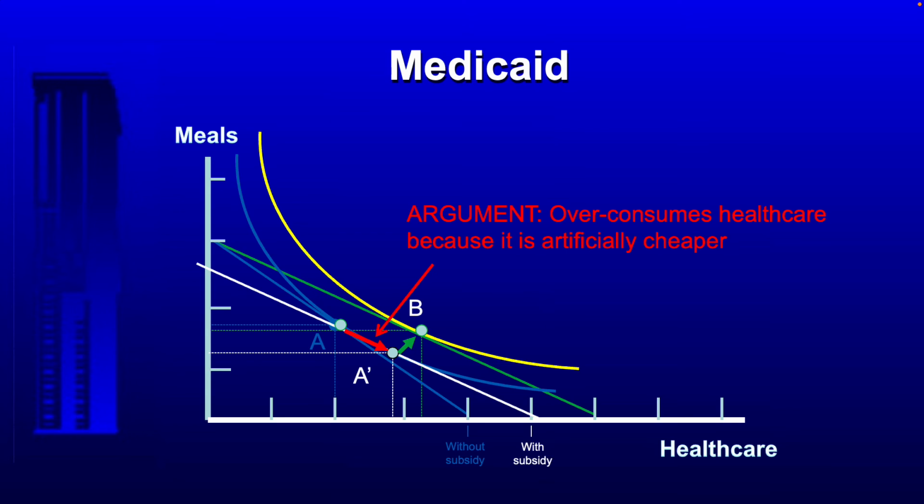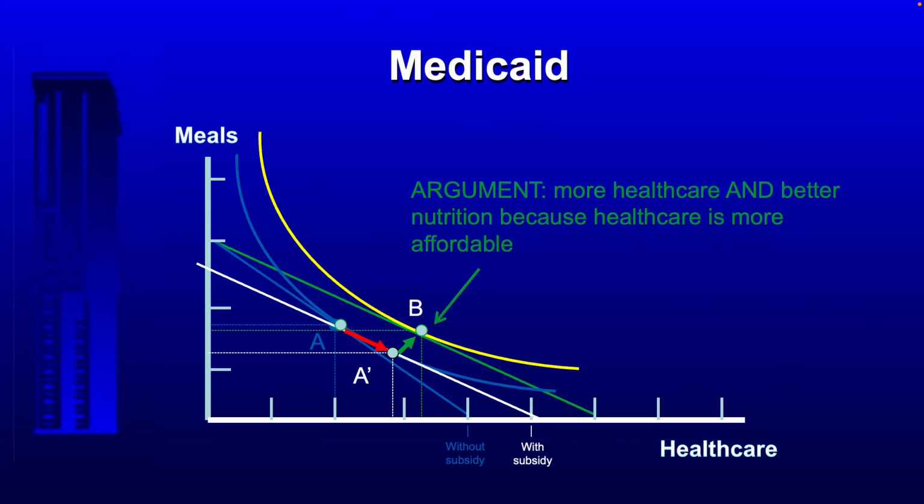But that argument's false. The real goal of a program like Medicaid has to do with the income effect. Because health care is now relatively less expensive, people can afford to consume more meals and health care. In practical terms, this means people can afford to consume more health care without having to sacrifice meals.